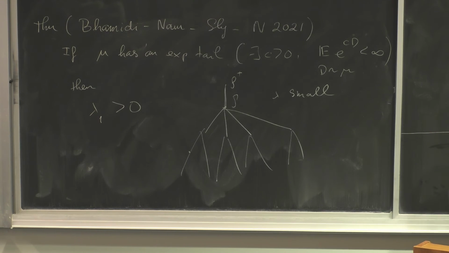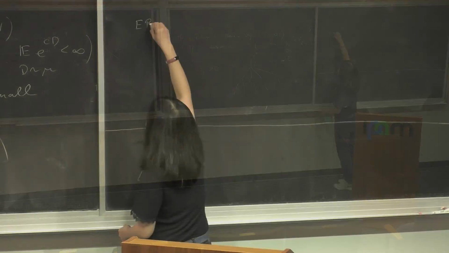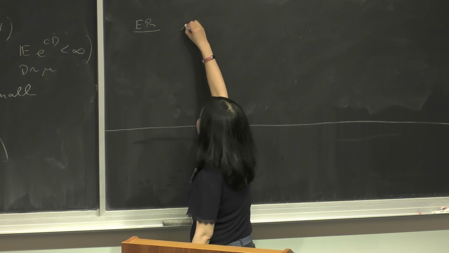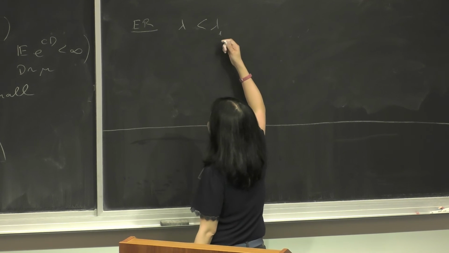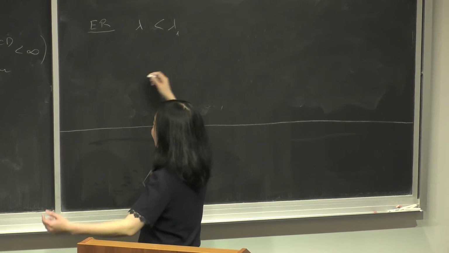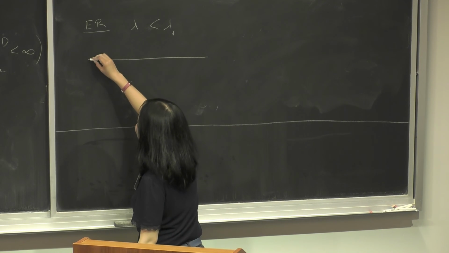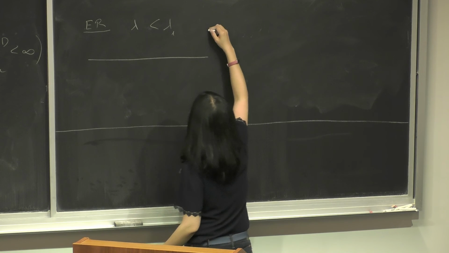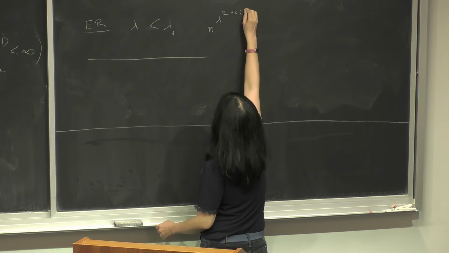And going back to what Richard asked at the very beginning, why do we study star graphs? So for Erdős-Rényi random graphs, for instance, when lambda is small, meaning lambda is smaller than lambda d, then what is the survival time? We show that the survival time is going to be n to the power lambda squared plus little o of 1.